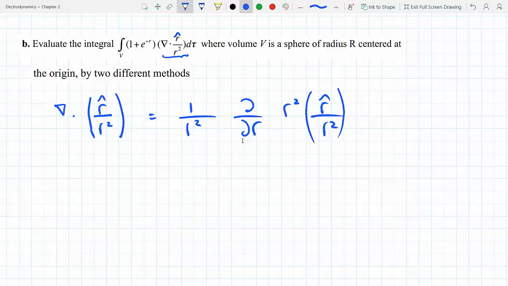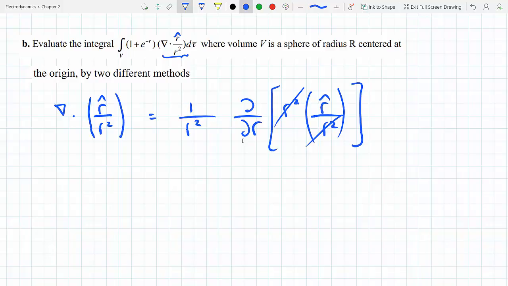Correct? And there's no theta or phi dependence because it's only a function of r. So the second two components of the divergence are 0. Okay, this cancels that, right?